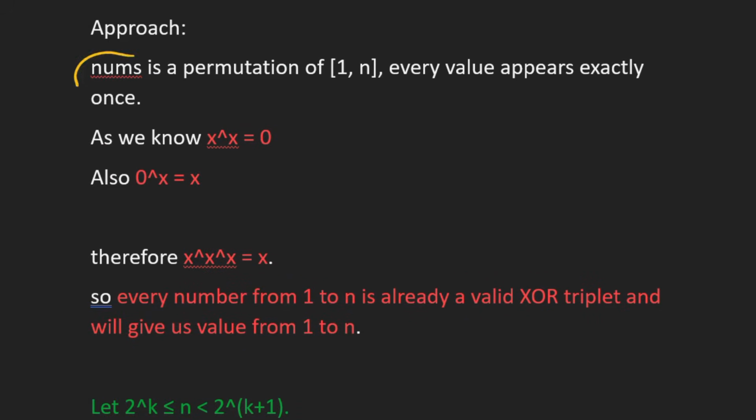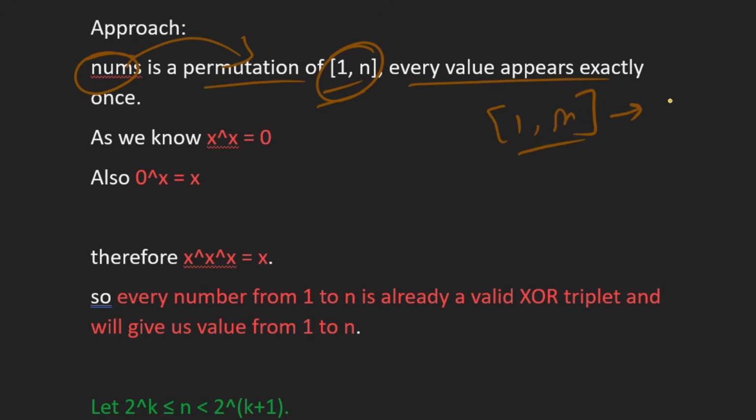As we already discussed, our nums array is a permutation of numbers from 1 to n. That means every value from 1 to n will appear exactly once, right? And as we know, x XOR x is 0, and 0 XOR x is x. We know these two properties.